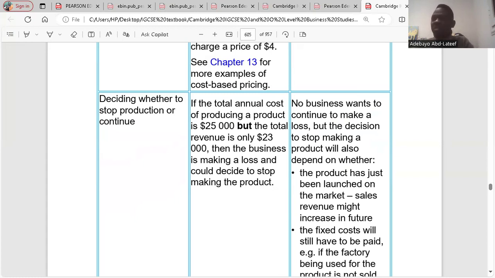Your variable cost is the cost of producing a unit of output, the variable costs of production. If you cannot cover that cost, there's no point continuing the business, because if you cannot cover your variable cost, you can never cover your fixed cost. Do you get the point here? So if firms are unable to cover variable costs, they have to decide whether to continue the business or not.